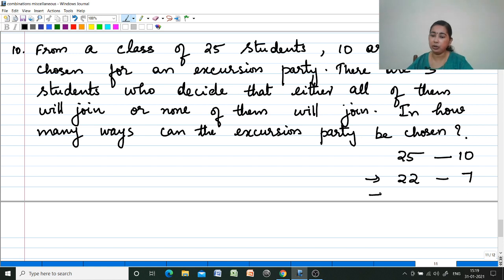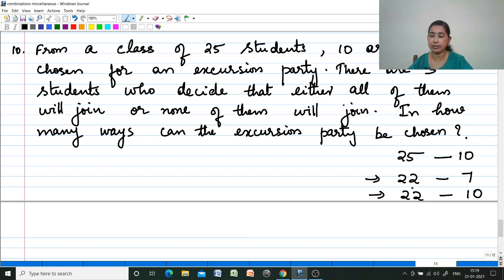So, this is one case, that all the 3 are going. Suppose those 3 are not going. Then also I cannot consider all the 25. If those 3 are not going, I have to consider only 22, and from 22 I have to select 10. So, if those 3 are going, I have to select only 7 from the 22. If those 3 are not going, I have to select 10 from the 22.